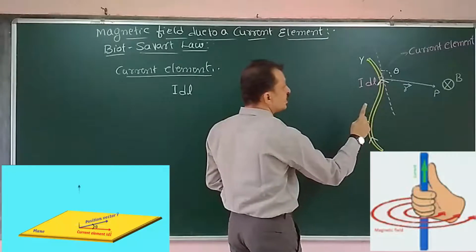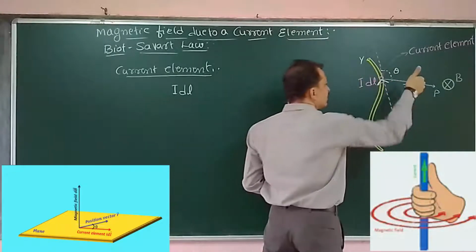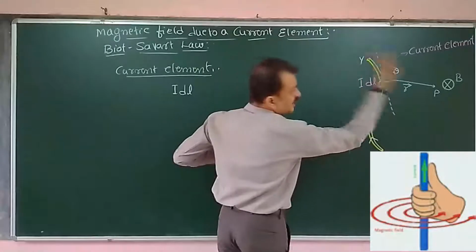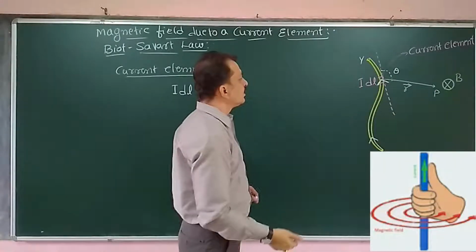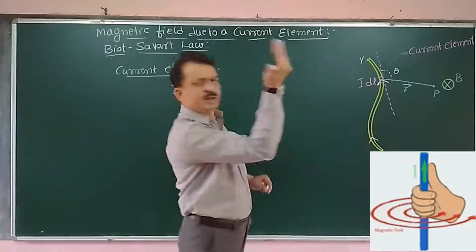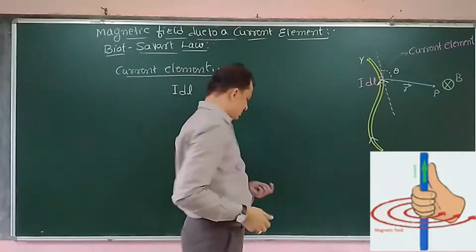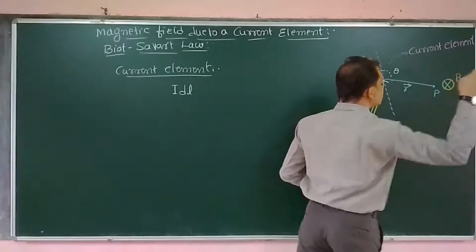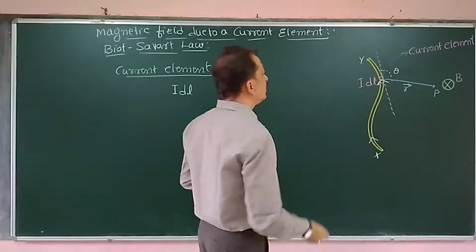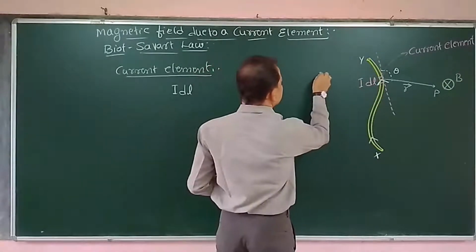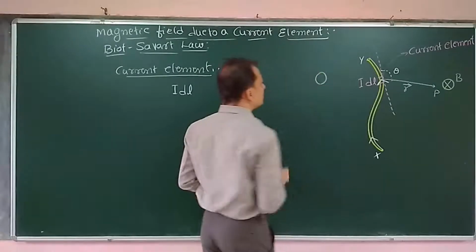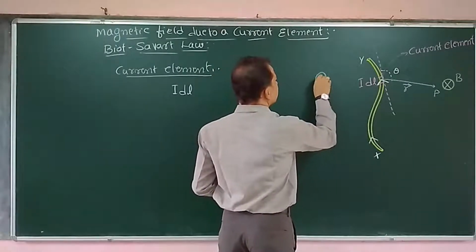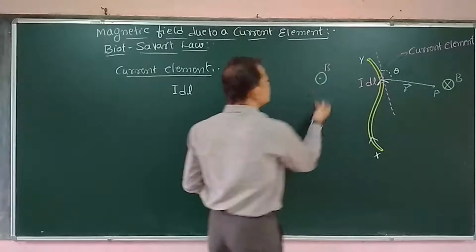That means the magnetic field is entering into the plane of the board on the right hand side, and it is coming out of the plane of the board on the left hand side. Therefore, we have written the magnetic field as into, because it is entering. If I write the magnetic field at the left side of this conductor, it becomes a dot, which means it is coming out.